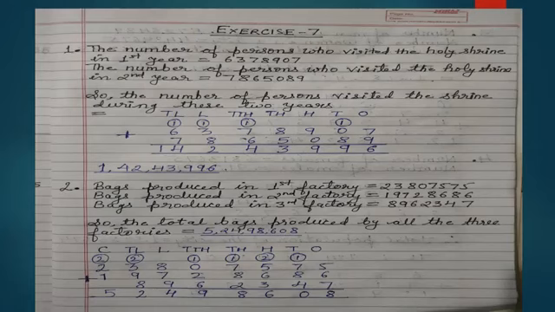See children, here is how to write the steps. First you have to write down what is given in the question and then find the sum. The number of persons who visited the holy shrine in the first year, write down the number. The number of persons who visited in the second year is equal to, write down the number. Therefore the number of persons who visited the shrine during these 2 years, you have to add.